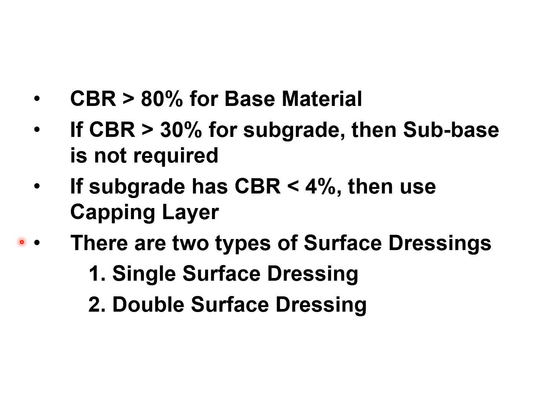There are two types of surface dressings, single surface dressing and double surface dressing. Well, here I would like to mention one important thing, that there are three options for the surface course of the flexible pavement.